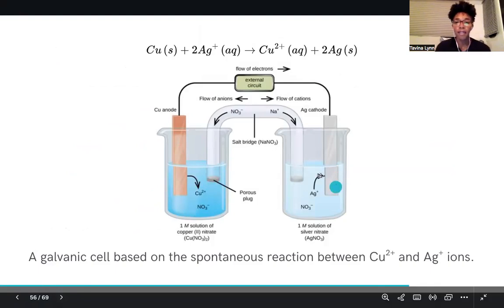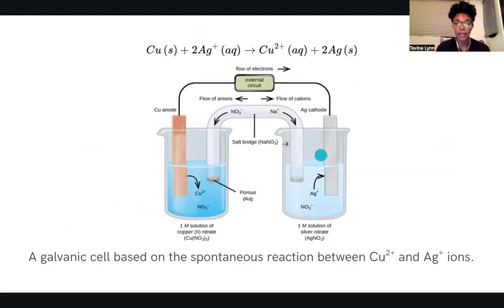All right, so here's our galvanic cell for that same example we looked at between copper and silver. Each of these beakers is considered a half cell, where our half cell reactions take place. So here, this is our oxidation half cell. We have a copper anode. This is the electrode that allows the electrons that are produced when copper solid is oxidized to copper 2 plus.